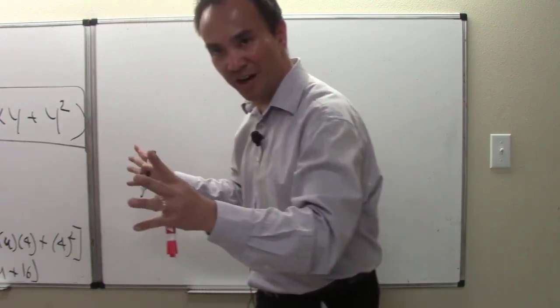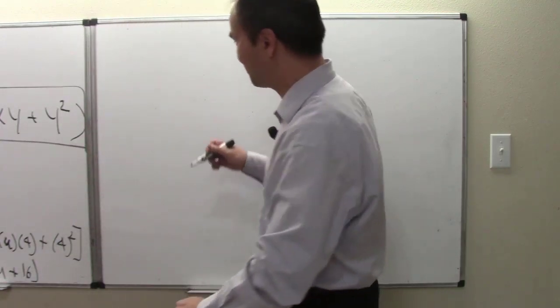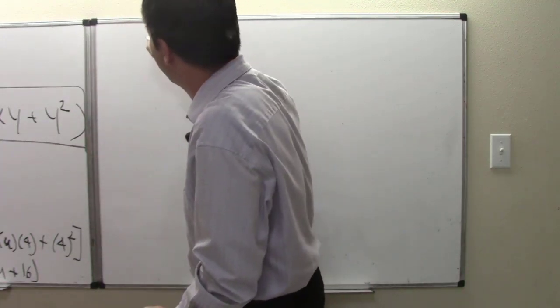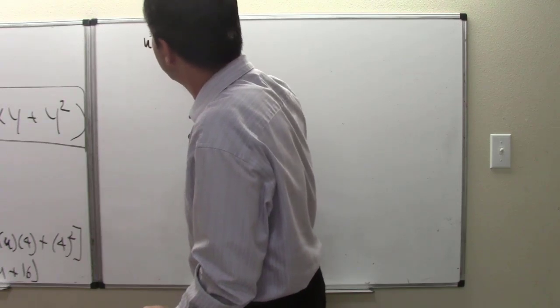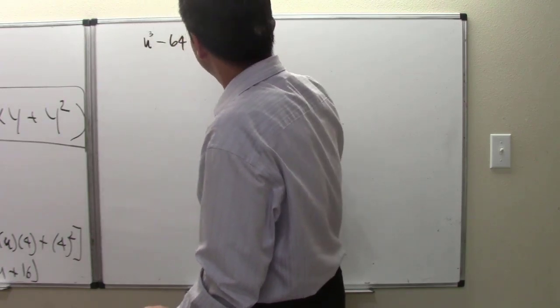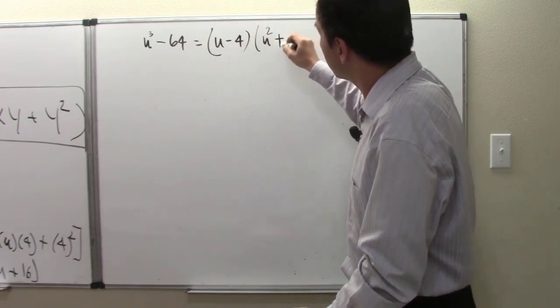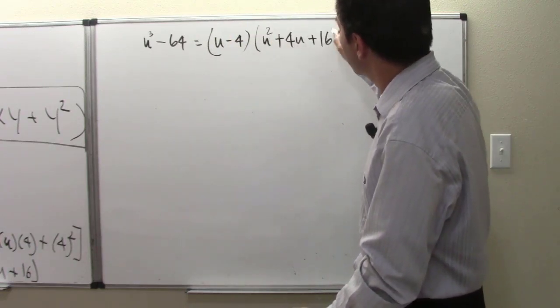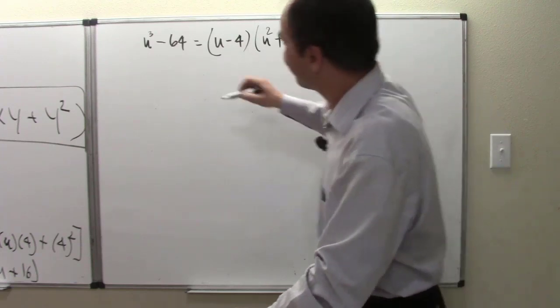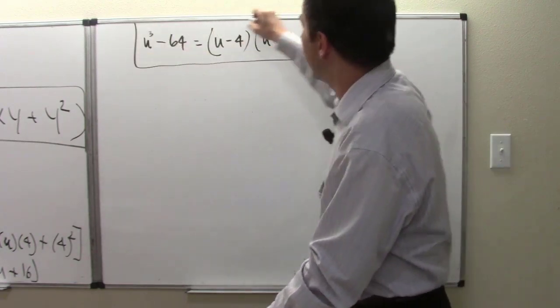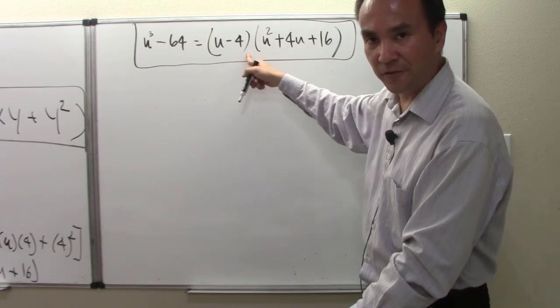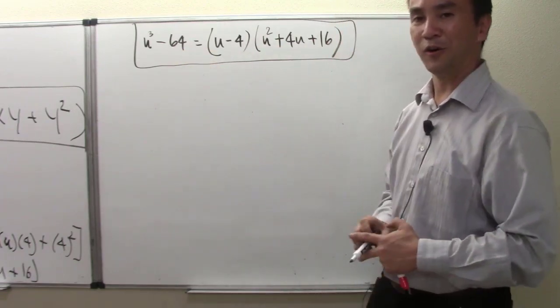All of those steps we did earlier were in the thought process, but my aim here is to have you quickly factor u cubed minus 64 into u minus 4 times u squared plus 4u plus 16. All right, and that is the answer as the factored form of u cubed minus 64.